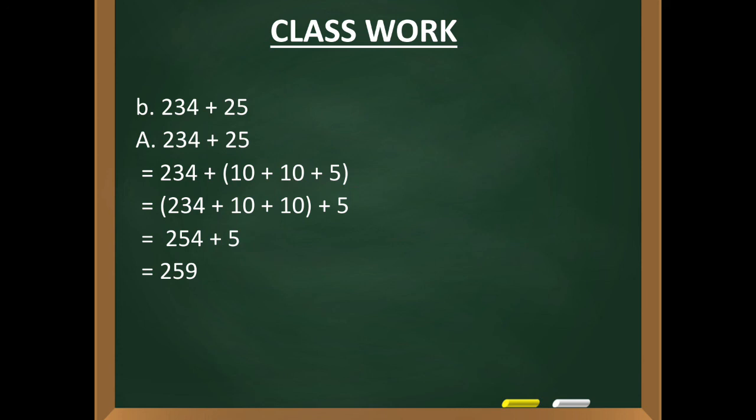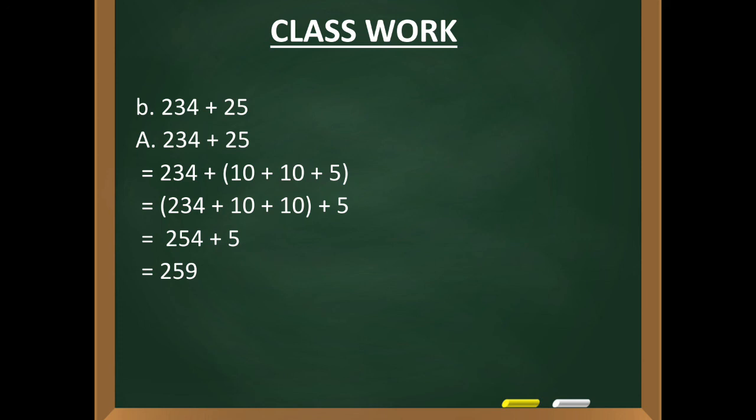Then the second one is 234 plus 25. Take the first number as it is, then make it into tens, that is 25 means 10 plus 10 is 20 and the remaining number is 5. Then group it with the 3-digit number, that is 234 plus 10 plus 10.